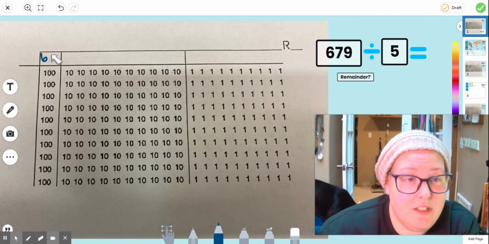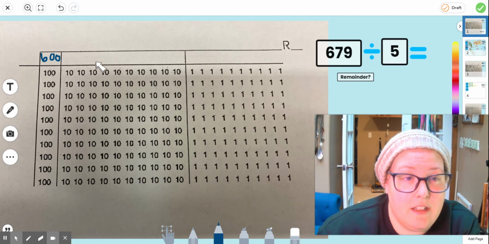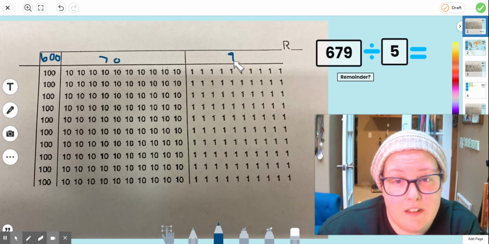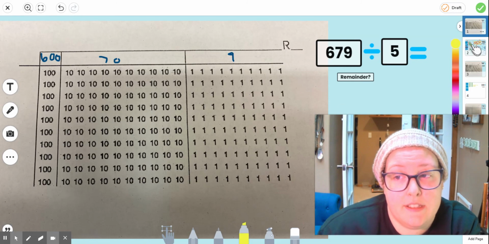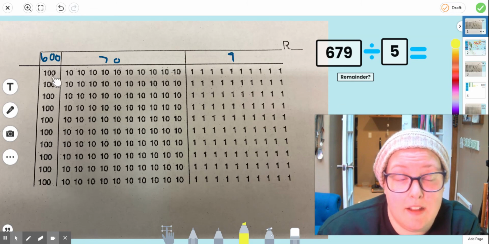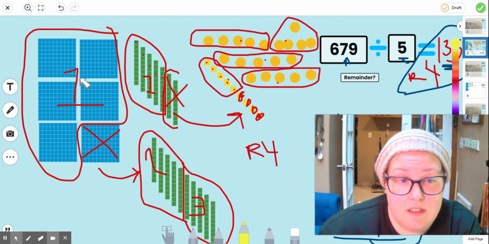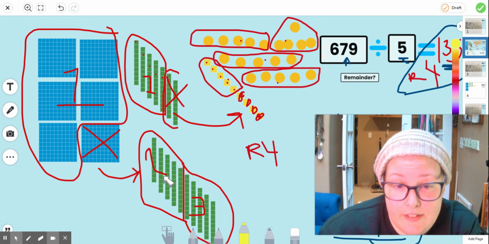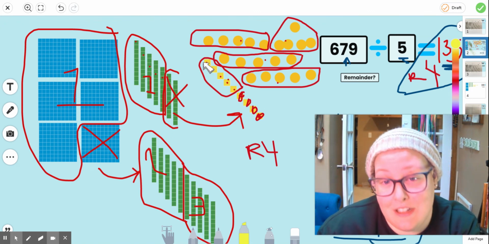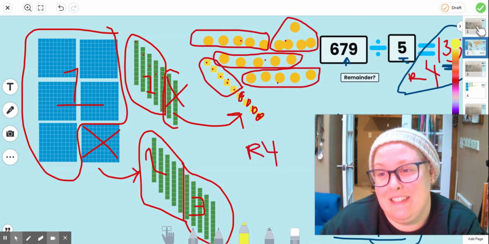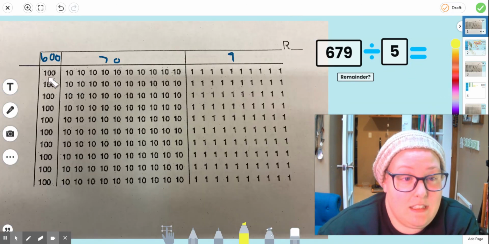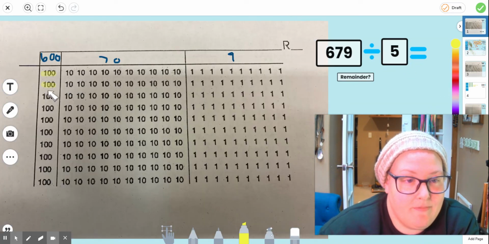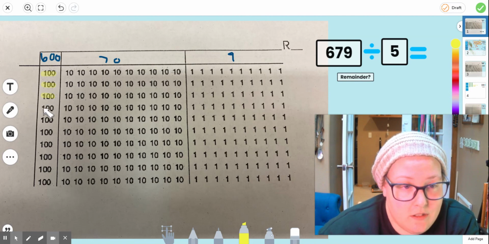It's 600, and then 70, and then 9, right? And just like we built it on this slide, 600, 70, and then 9, we needed to move stuff around. And we'll have to move stuff around on this one too.